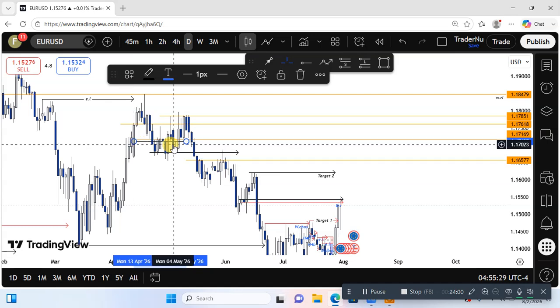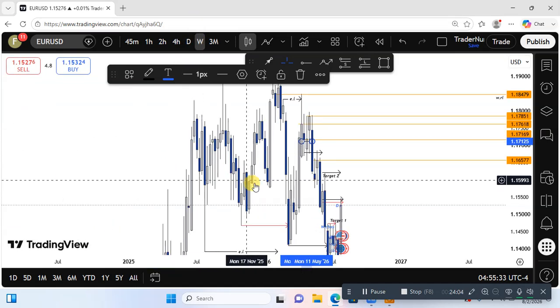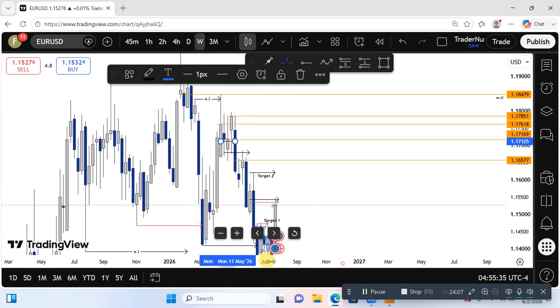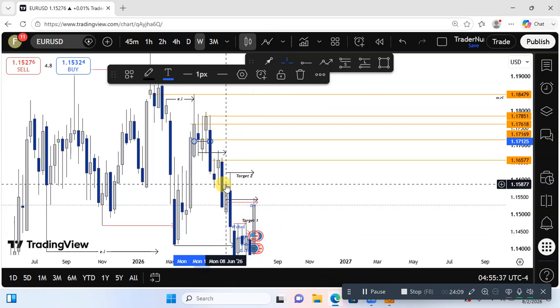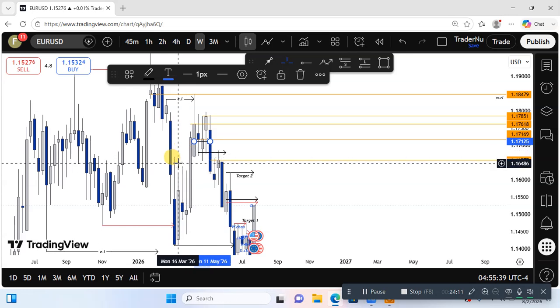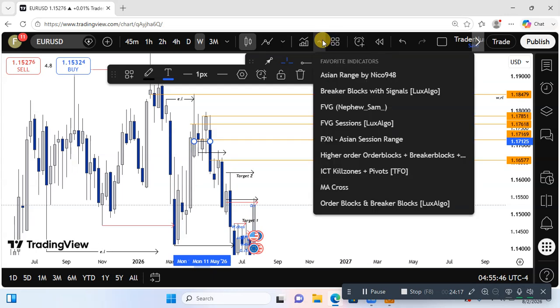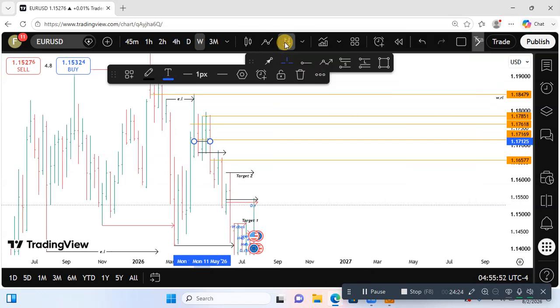We will see that price on that weekly, sorry, you see that price did not even tap on any of the key levels that we have marked out there. Just hold on, let me bring back my, sorry.